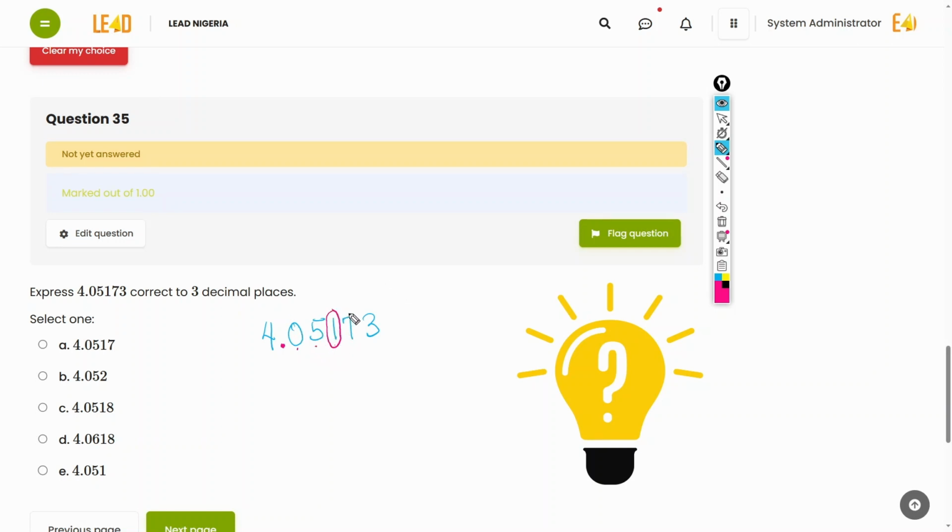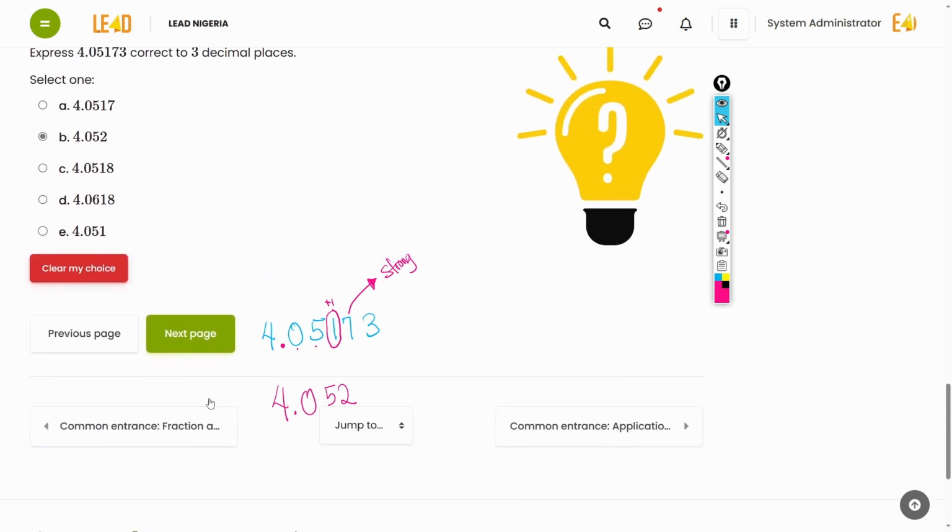We test the next digit. It's a strong digit, so we add 1. We add 1 and we have 4.052. Everything else changes to 0. Option B.